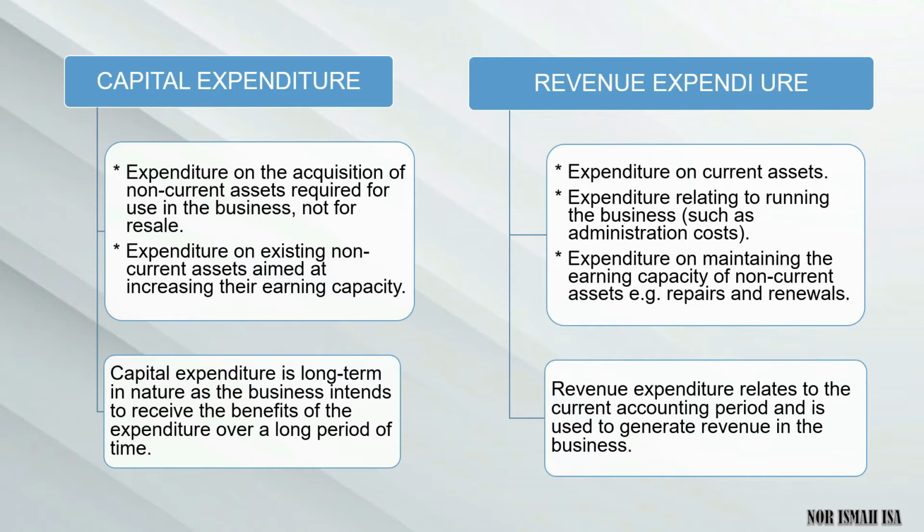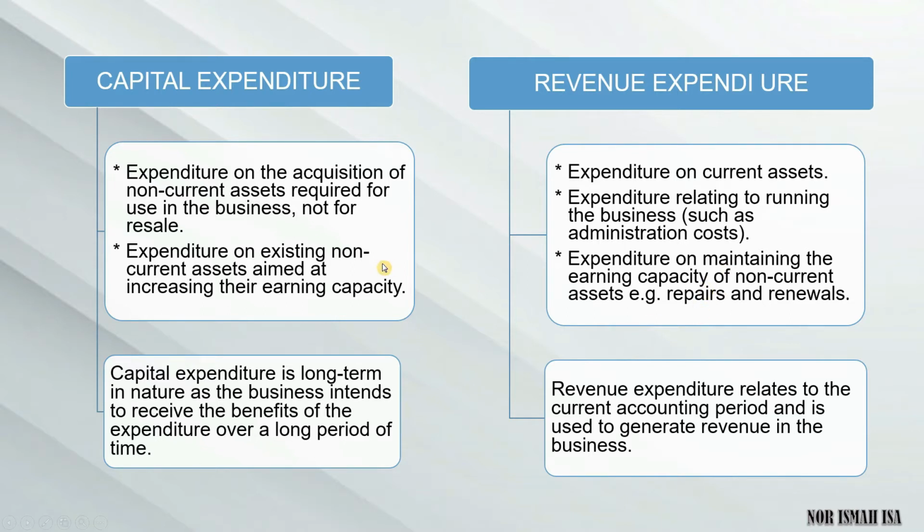So this is revenue expenditure. It also includes expenditure on maintaining the earning capacity of non-current asset, for example repairs and renewals. In maintaining earning capacity, the non-current asset also incurs maintenance costs such as repairs. This repair is not considered a capital expenditure because it will be incurred several times.